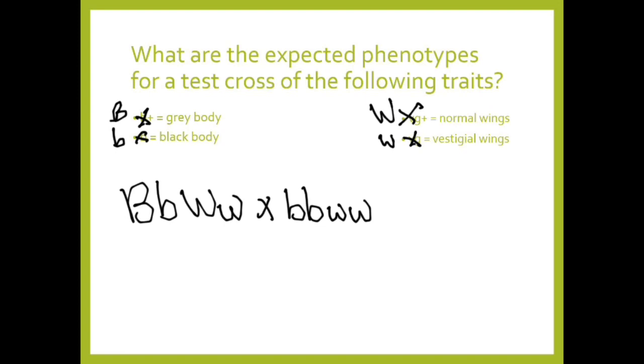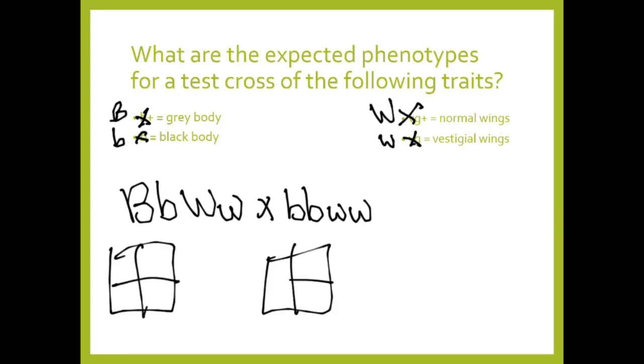And what we're going to find, and I'll draw the Punnett squares to show you, is that here are my two Punnett squares, and I've got my genotypes here for the different offspring. And so when I fill these in, here's my Punnett square.